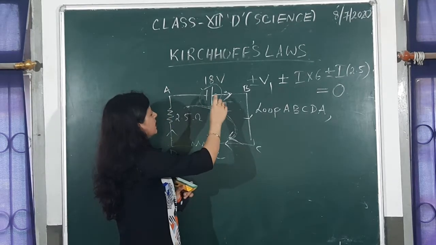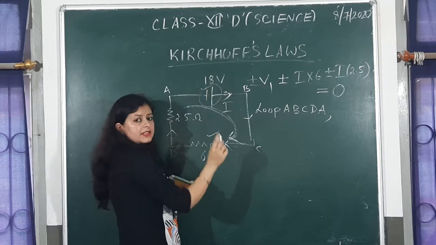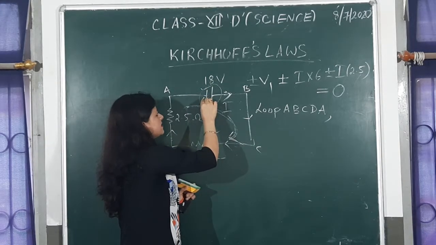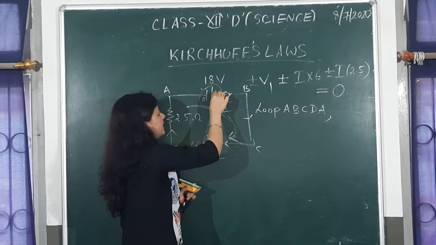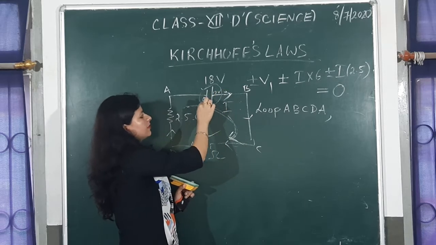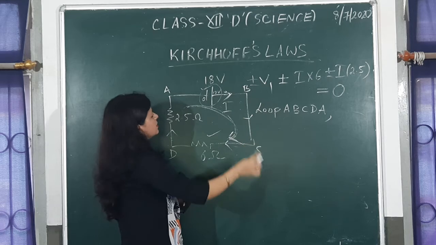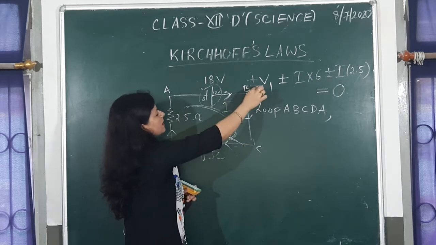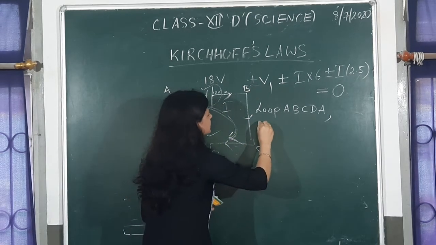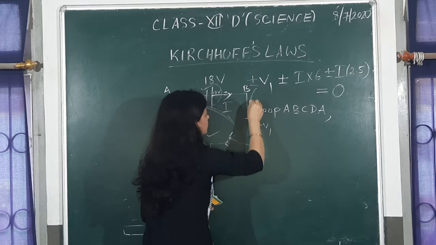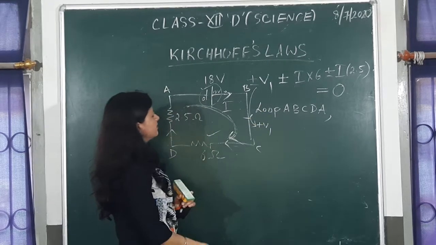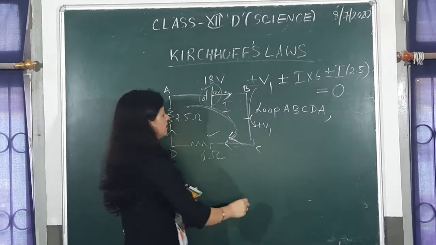Is the potential increasing here? You have 0 here and here you have 18. Naturally, you are going from a lower potential to a higher potential. There is a potential gain. So here I am supposed to assign a positive sign, so it is plus V1, because there is an increase in potential.